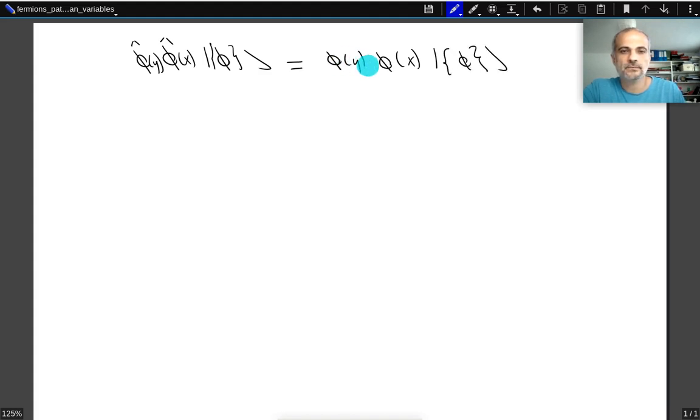And here these phi of y and phi of x are just functions of position. And this is also equal to phi of x, phi of y.